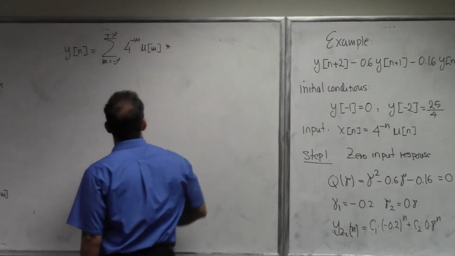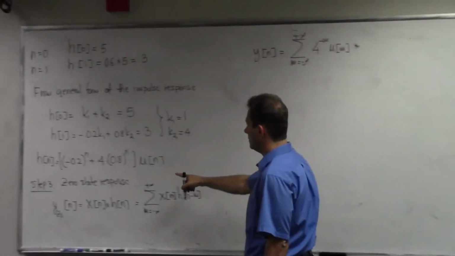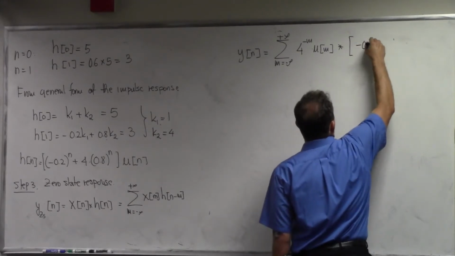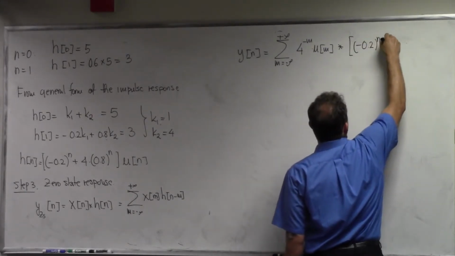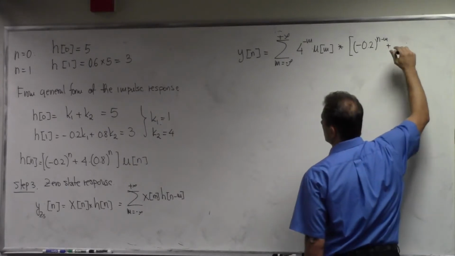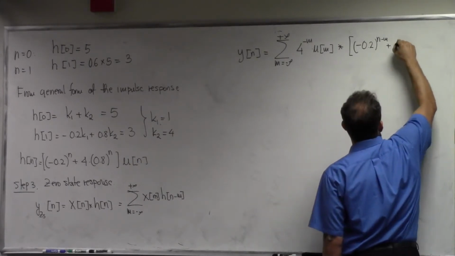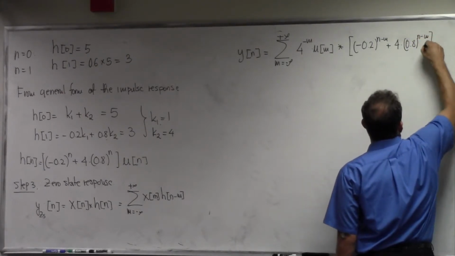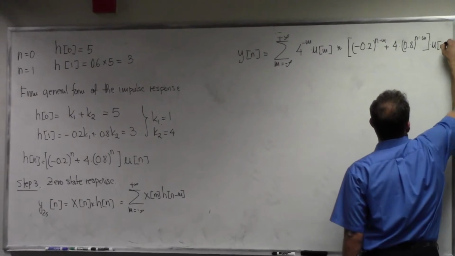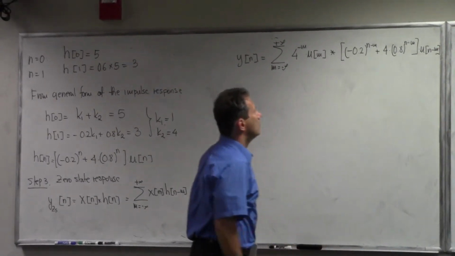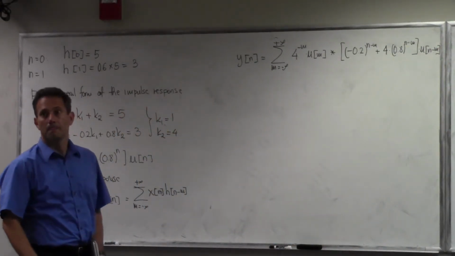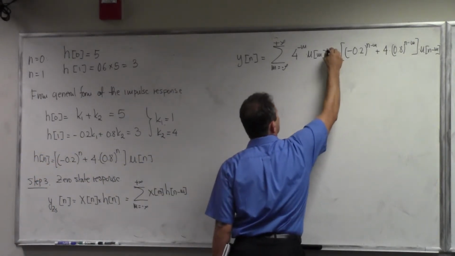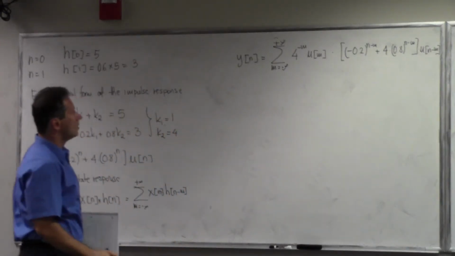And then I need to convolve this with my obtained impulse response here, which is minus 0.2 to the n minus m plus 4 times 0.8 to the n minus m, everything times u of n minus m. And times. That's times, correct. No convolution, times.